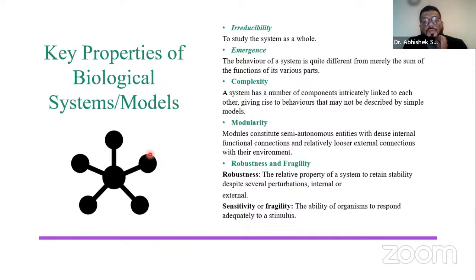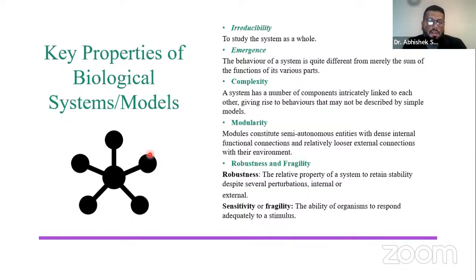And sensitivity and fragility is that with the simplest changes in the concentrations of certain metabolites, or one point mutation, or probably one small structural change in an enzyme, can cause a huge difference in this whole system, right?